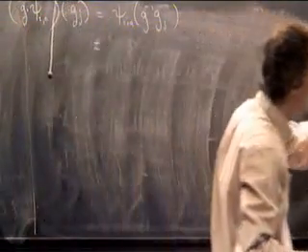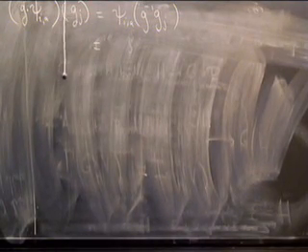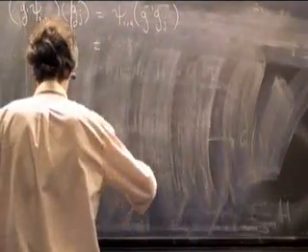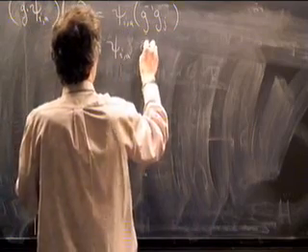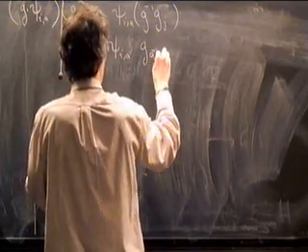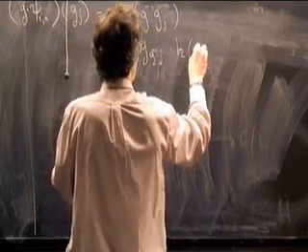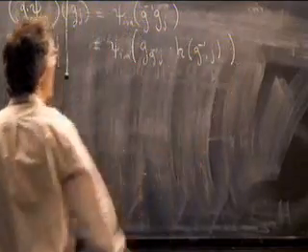By my choice of section of the H bundle over G mod H, this is equal to psi_IA of g_(g inverse dot j) times the compensator, which is h of g inverse comma j.